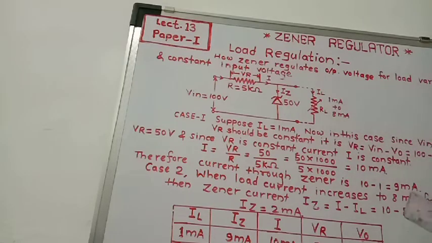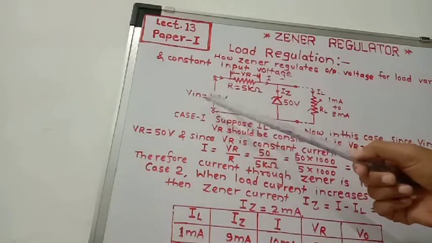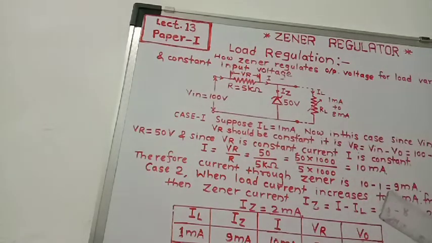Since the input voltage is fixed at 100 volt, and since Vz is equal to 50 volt, therefore the output voltage Vo is also 50 volt, because Vz is equal to 50 volt.